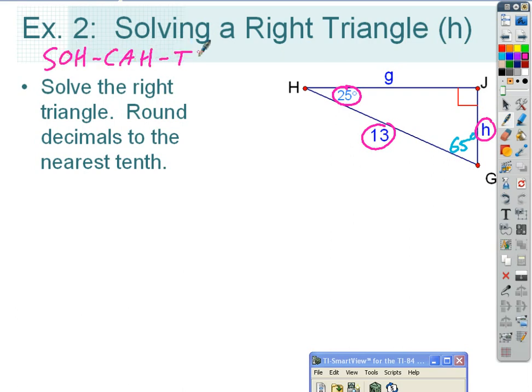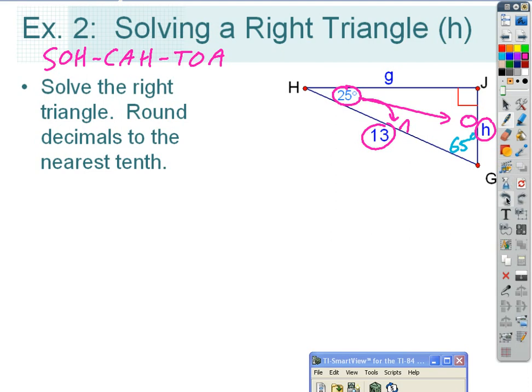What is that one always? Hypotenuse. Yeah, it's the big one. It's opposite the right angle. So that's H. And then what's this one up here? Yeah, that's the adjacent leg, isn't it? Good. Okay, so then for the 25-degree angle, h and 13 would be the opposite and the hypotenuse. And so that's sine, right?